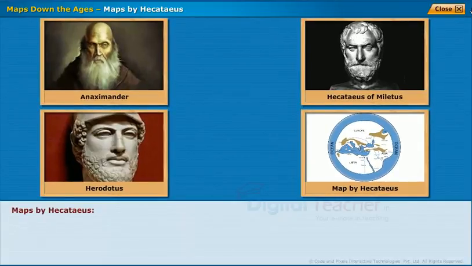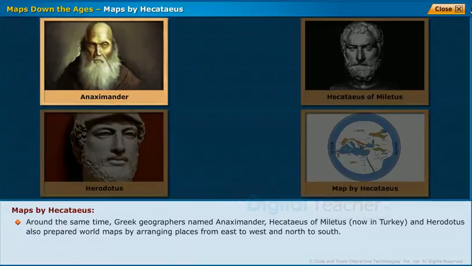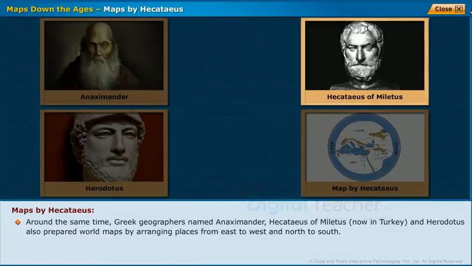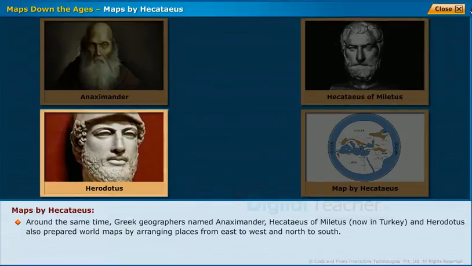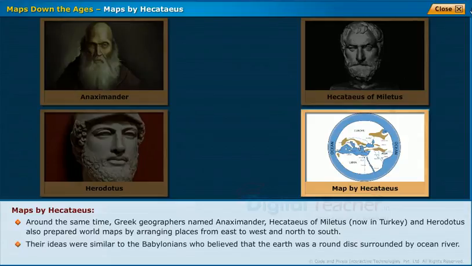Maps by Hecataeus. Around the same time, Greek geographers named Anaximander, Hecataeus of Miletus, now in Turkey, and Herodotus also prepared world maps by arranging places from east to west and north to south. Their ideas were similar to the Babylonians, who believed that the earth was a round disk surrounded by ocean river.